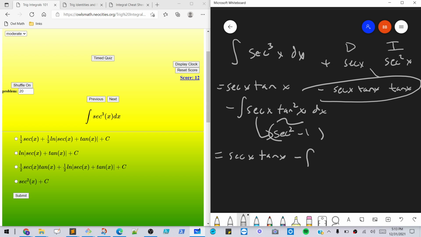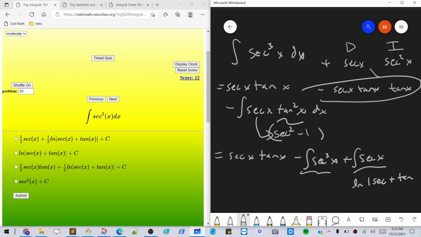And we're going to have minus secant cubed x plus the integral of secant x. I think we did this; well, we did cosecant earlier, but it's very similar. And this piece is actually ln of secant plus tangent. And then this is our original integral.